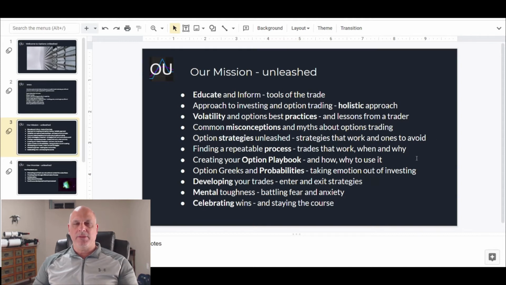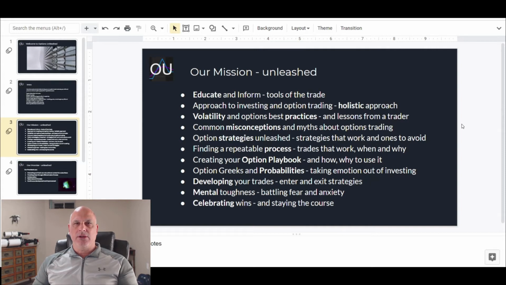And once you have a plan, obviously you can better execute on it, right? There's something like 85%, you achieve 85% of the things you write down versus things that you don't write down, all things being equal. So that's kind of our mission.